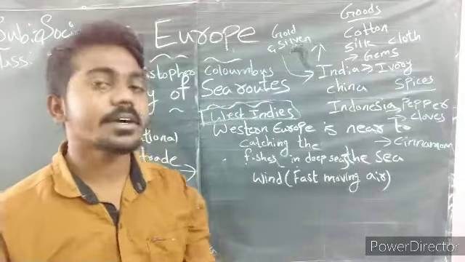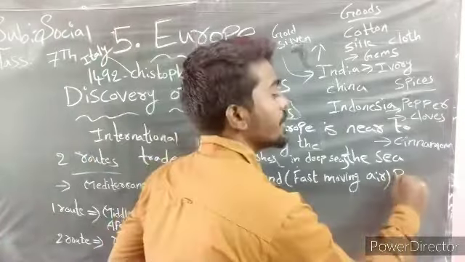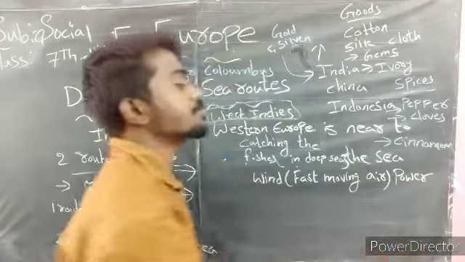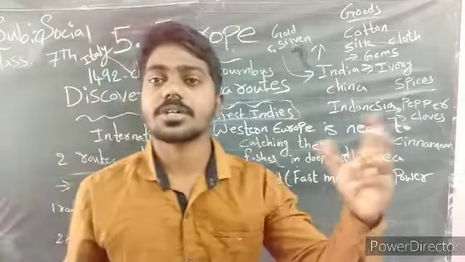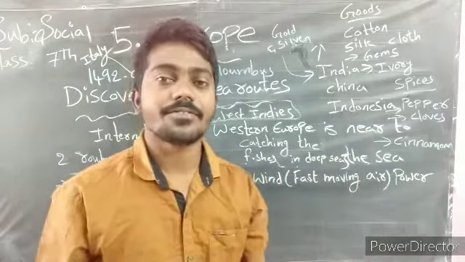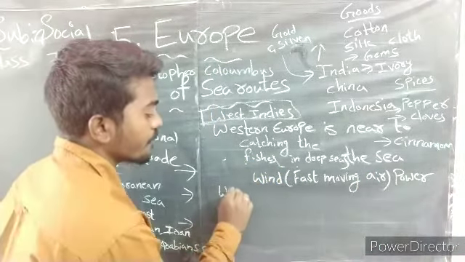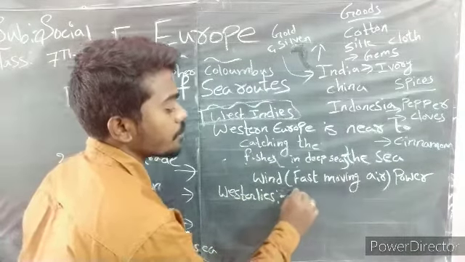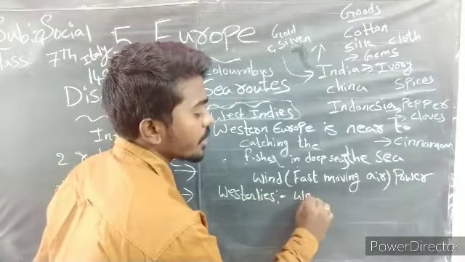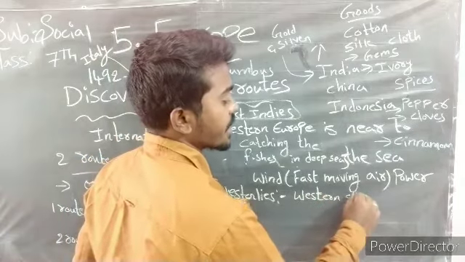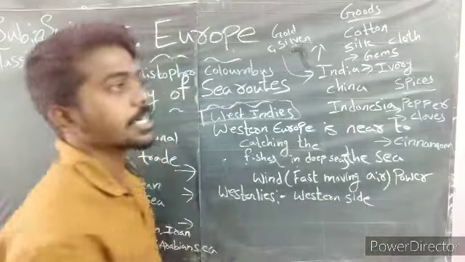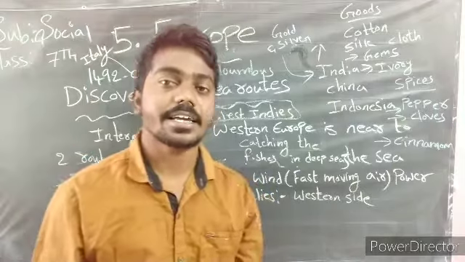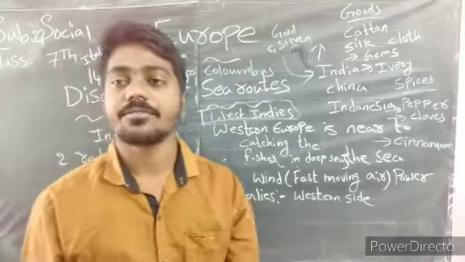According to the wind power, the ships move from one country to another country. For example, you know about the westerlies. Yes or no, children? The winds which blow from the western side, we call westerlies.